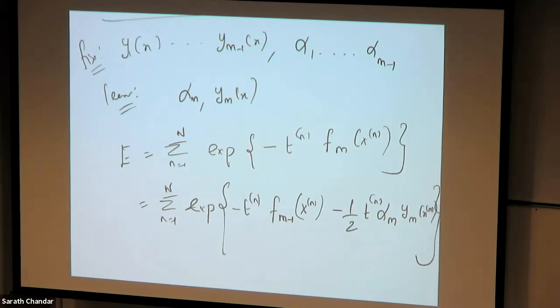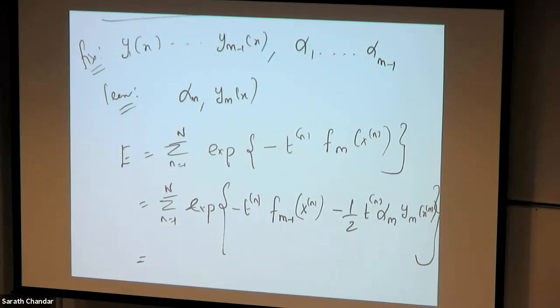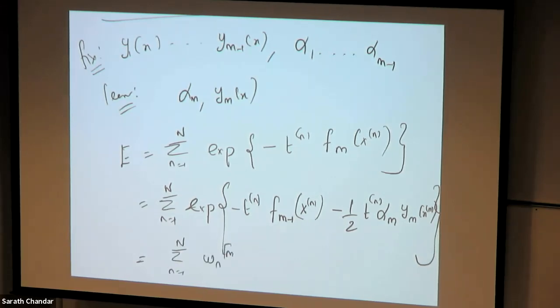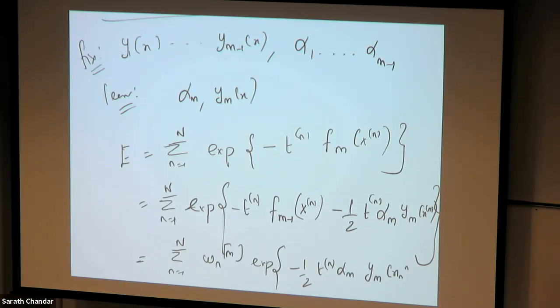So I'm just going to treat the first part as a constant. So summation n equal to 1 to capital N, W n of m, exp of minus 1 over 2 t of n alpha m y m of x n, where the W n of m that you are seeing is nothing but exp of minus t of n f m minus 1 of x of n.